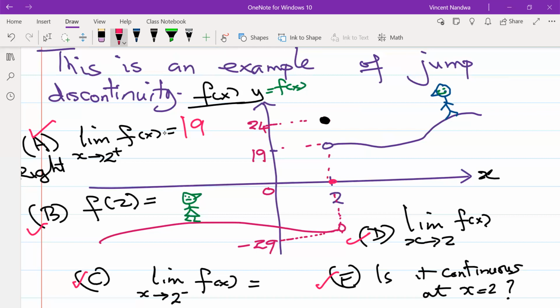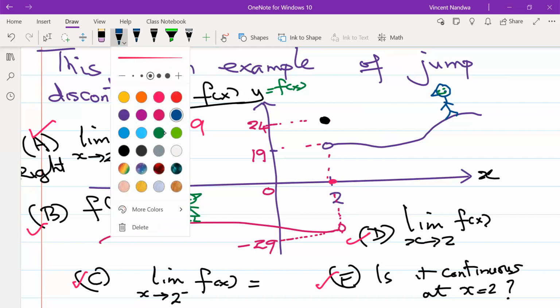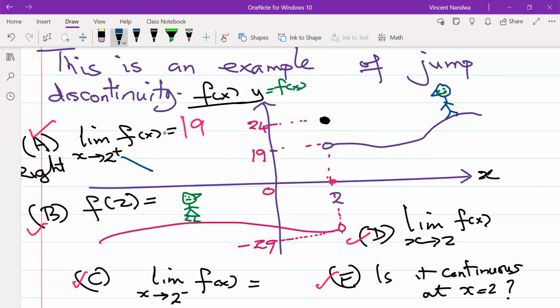So Agnes, this is the simplest way you will make it. The interpretation of the limit of f of x as x approaches 2. Remember, I've said that this is not interpreted in terms of positive and negative. The sign I'm writing here doesn't mean positive or negative.